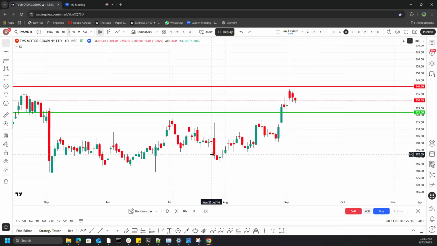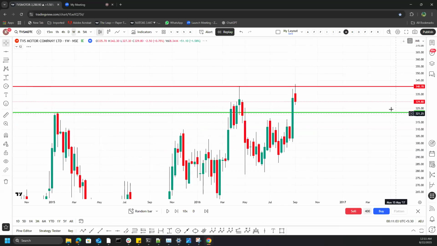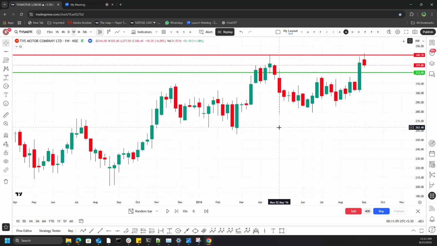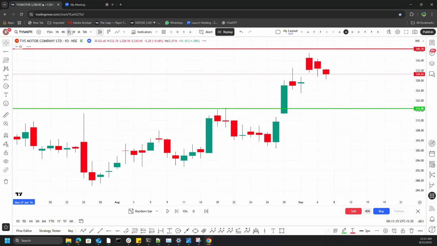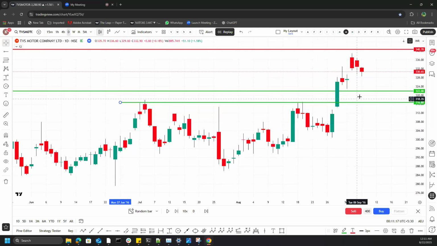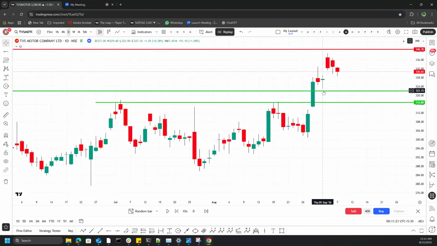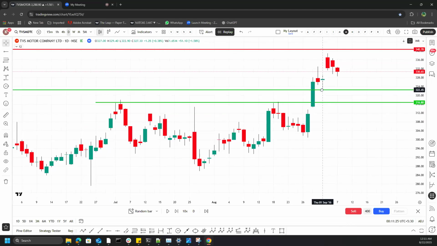Let me go and see in weekly time frame if I could find some good supports. Yeah, probably this, because there is a huge resistance here which is broken out. Let me just go and check in daily. Yeah, so probably this could be my support, and if I can adjust a little bit.